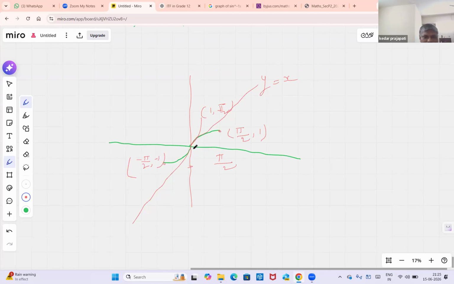So the other point should go away from it, right? Yes. Something like this. If you draw it neatly, it will be something like this. I'll draw it in the next. So it will be minus 1 and pi by 2.